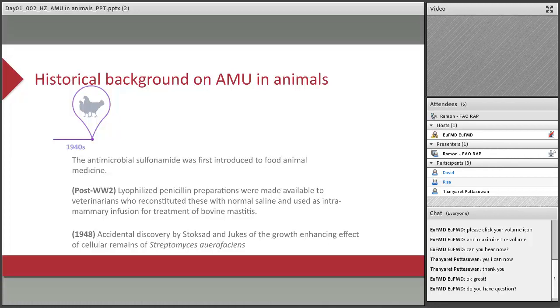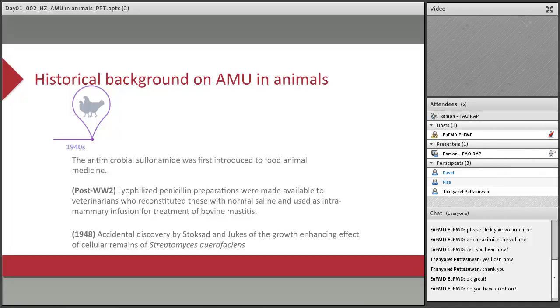And after World War II, penicillin preparations were made available to veterinarians. They are used to treat bacterial disease, especially this one, used as an infusion for inflammation or treatment of bovine hepatitis.